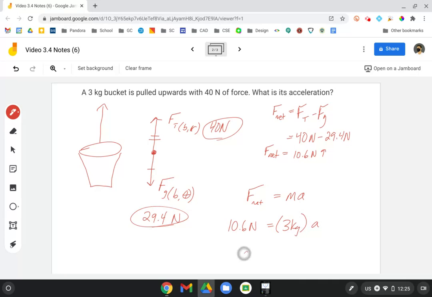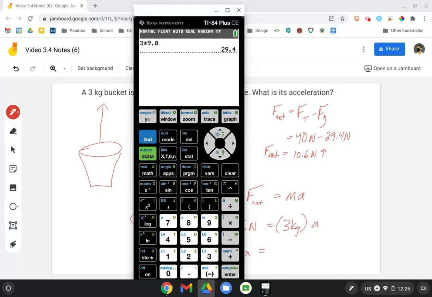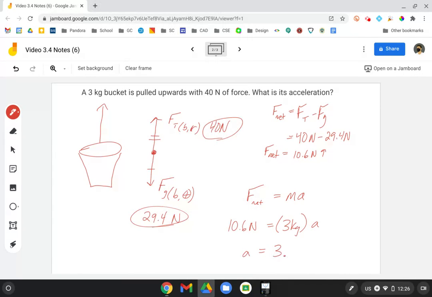Divide both sides by 3, and we get 10.6 divided by 3, which is 3.53 meters per second squared. The direction of this acceleration is up, because that's also the direction of the net force. So in this problem, we knew all the forces at the beginning, and then we used those forces to calculate a net force and to calculate an acceleration from that net force.